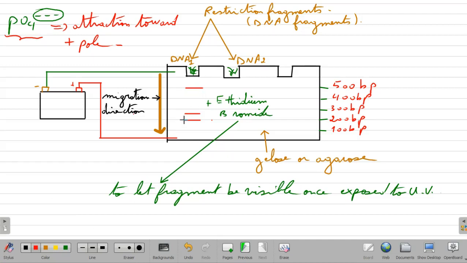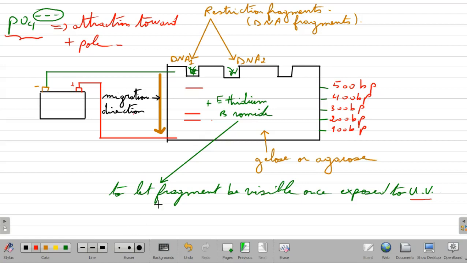The smaller the fragment, the more it will go downward. We separated the fragments like this based on their sizes. This container is graduated, so once we add ethidium bromide and expose the fragments to ultraviolet radiation, we can see them, and we can know how many fragments we have and the size of each fragment.